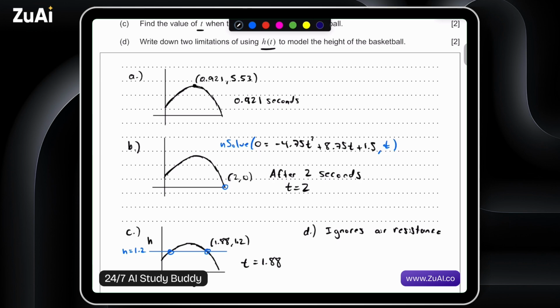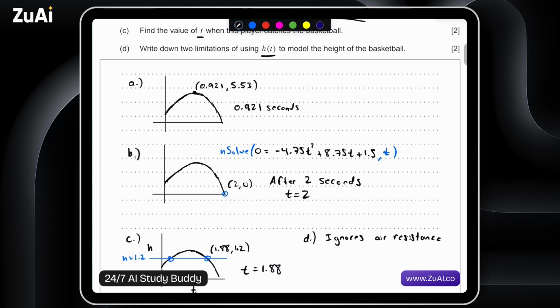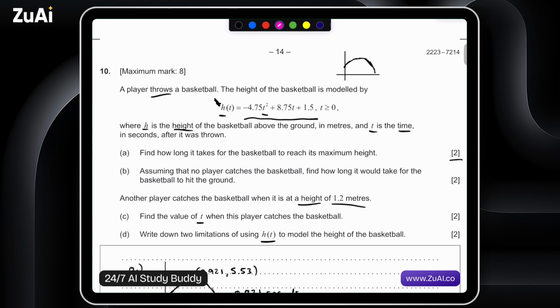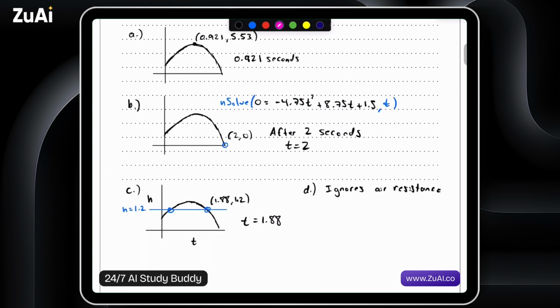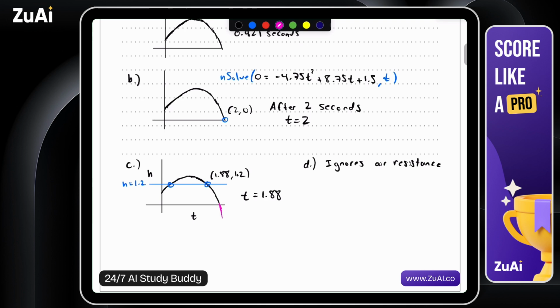The second limitation is, if we look at our model, it has a domain of t greater than 0. It doesn't deal with negative values, which is fine, but for t greater than 0, it would assume our ball goes through the floor and keeps going down.